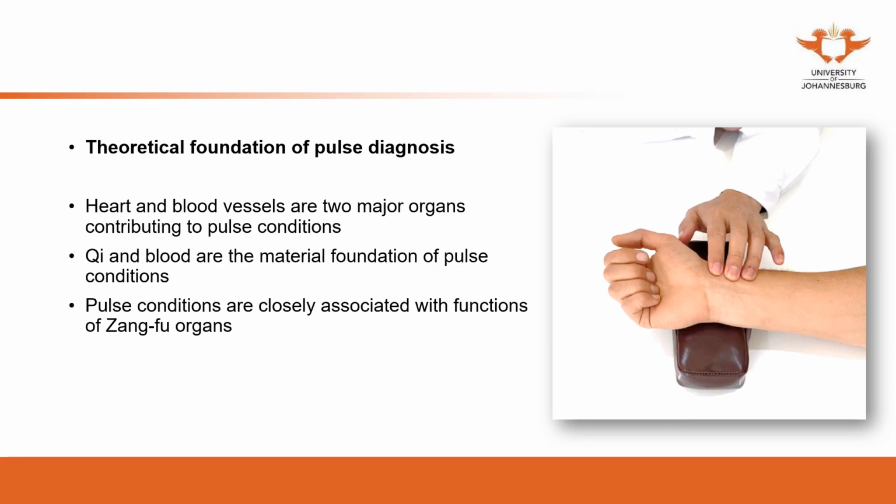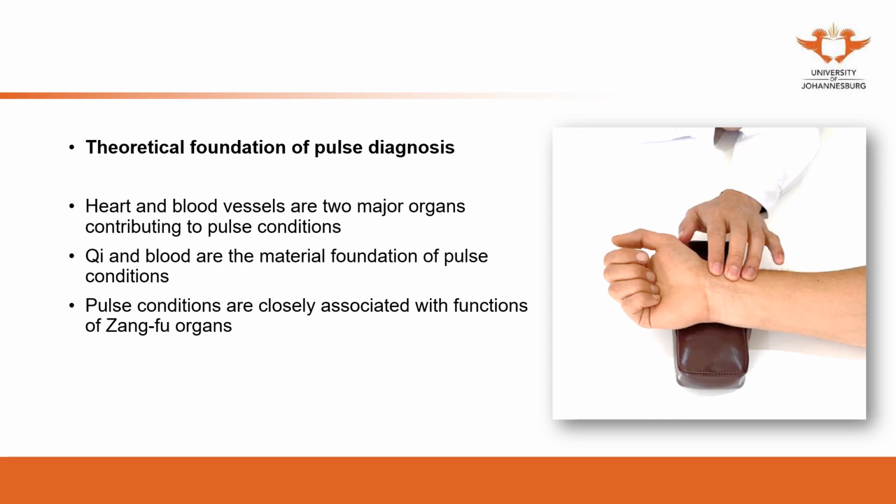The qi and blood come from the middle jiao, from the food we eat, and then the spleen and stomach transform it into qi and blood. That's something our body can use. So the pulse is also related to the spleen and stomach.